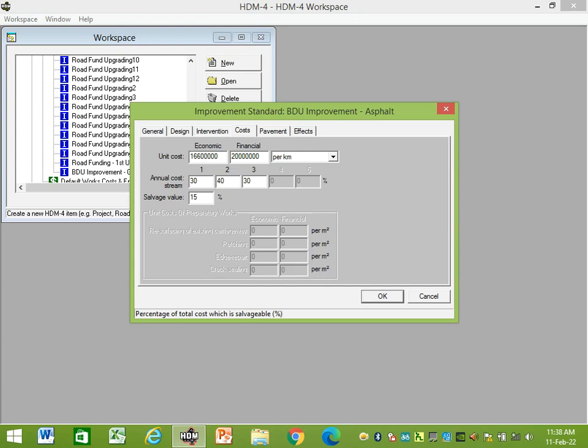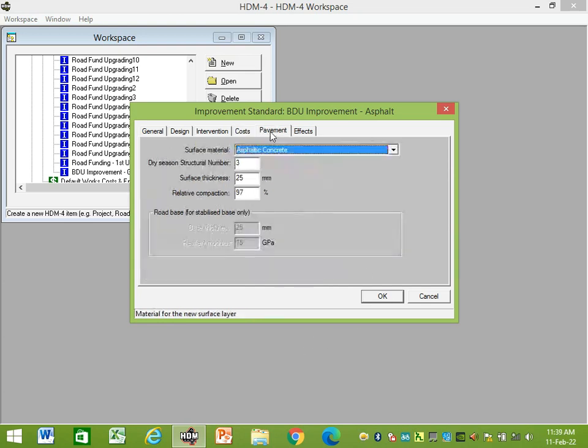Cost. It's the actual cost now, but we don't have that one here, so I'll take an example. Surface material, asphalt concrete now. Dry season schedule number 3, surface thickness 25, relative compaction 97. If you have actual figures, you can change them, but at the time you can take it as it is.